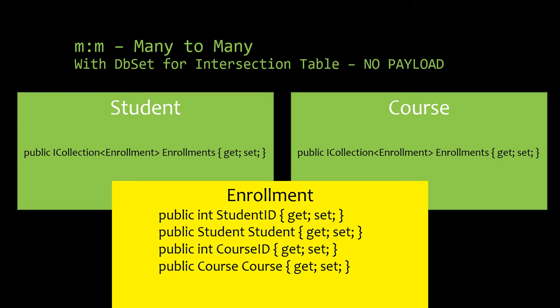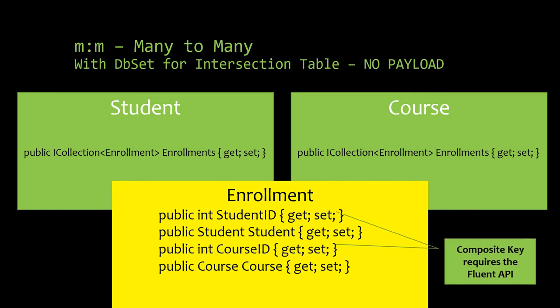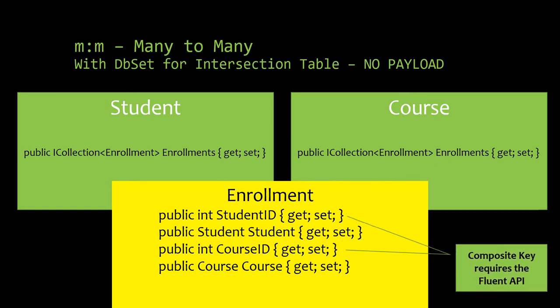But of course, without its own primary key, we have to go to the Fluent API and create a primary key based on the composite, the combination of those two integers, the student ID and course ID. And it makes sense that a student can't be enrolled in the same course twice, and a course can't have the same student enrolled twice, and so on. Okay, so that's one thing we have to do extra.